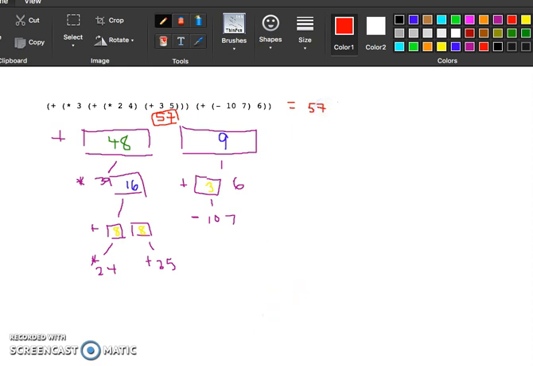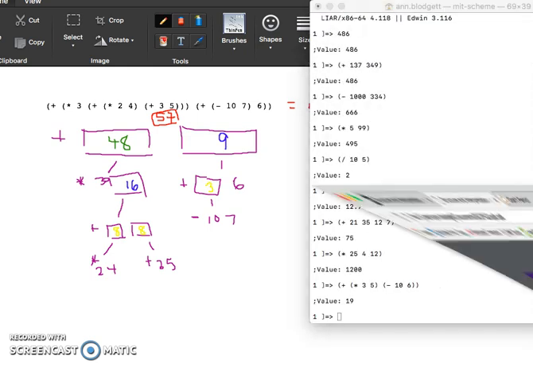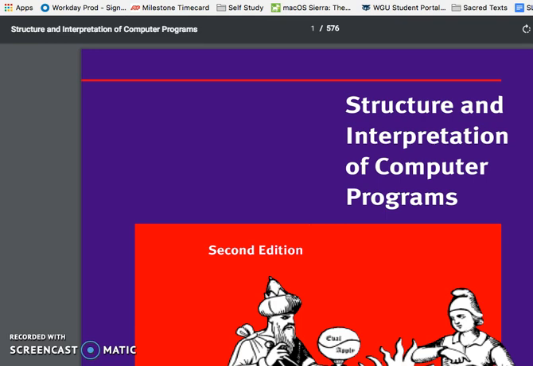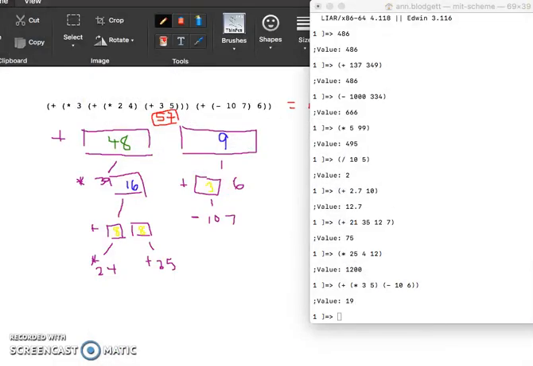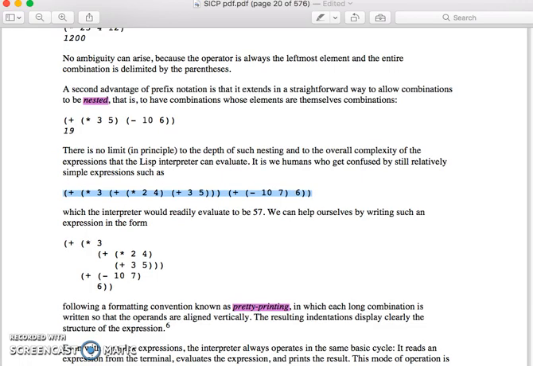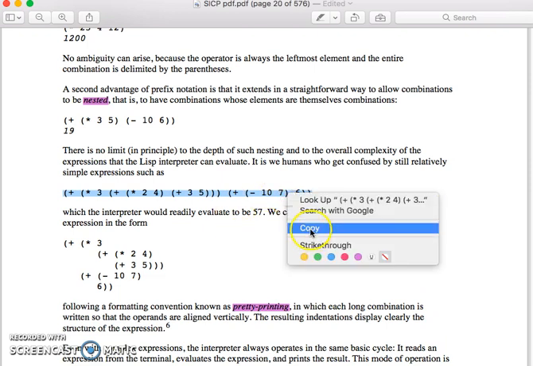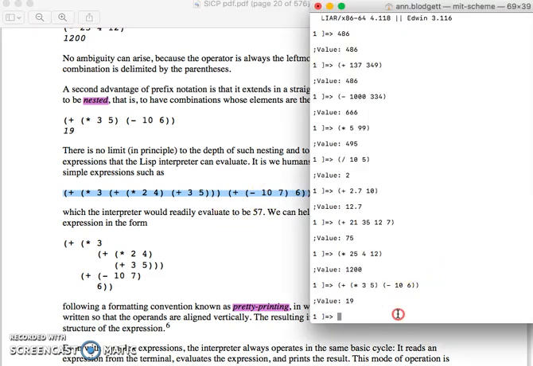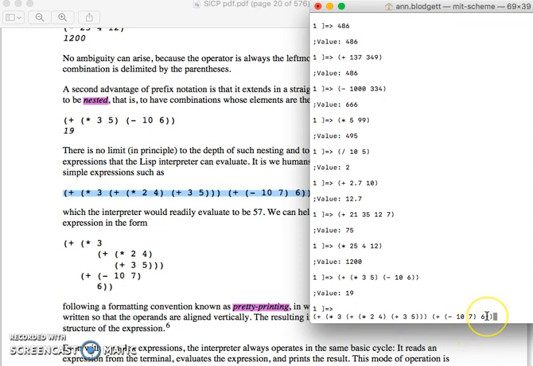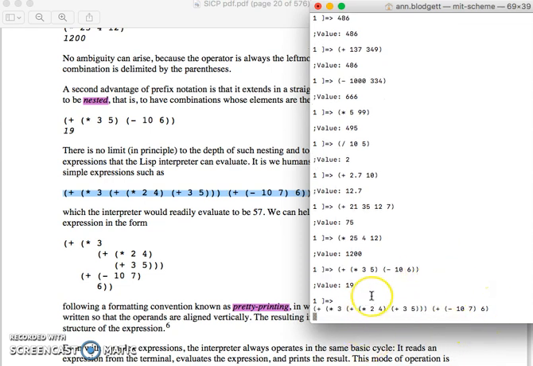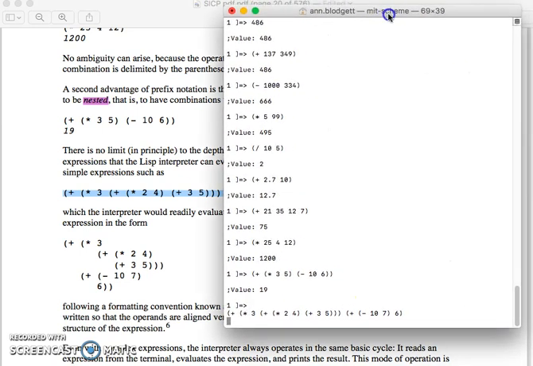Okay, so that was intense and very difficult to figure out. Let's make sure we got it right. Let's go back to copy this again and put it in here, and see if it evaluated something.